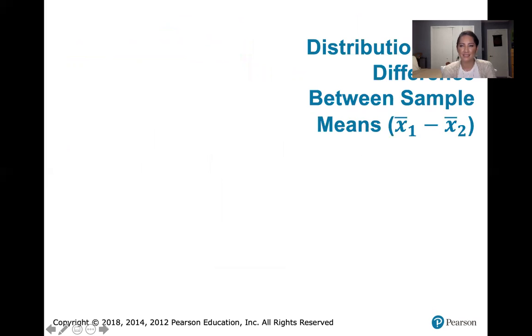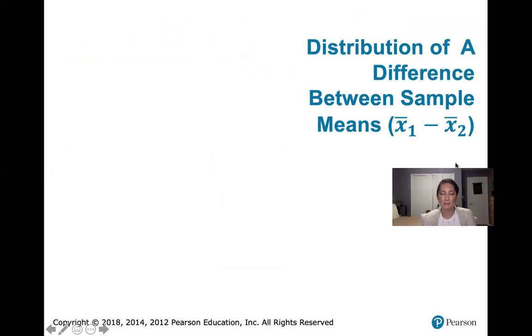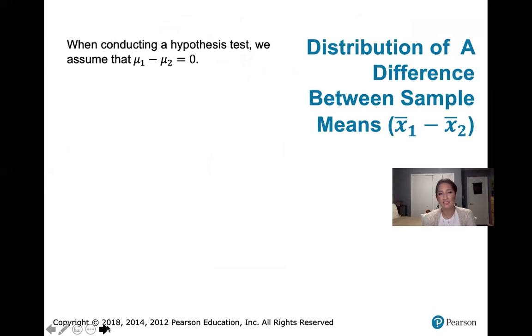Now we're going to look at the distribution of the difference between sample means again on this slide. But now we are thinking of it in the context of a hypothesis test. Now remember, when we're conducting a hypothesis test using the p-value method or the critical value method, we are going to assume that the null hypothesis is true, which is the same as assuming that mu sub 1 minus mu sub 2 is equal to 0.